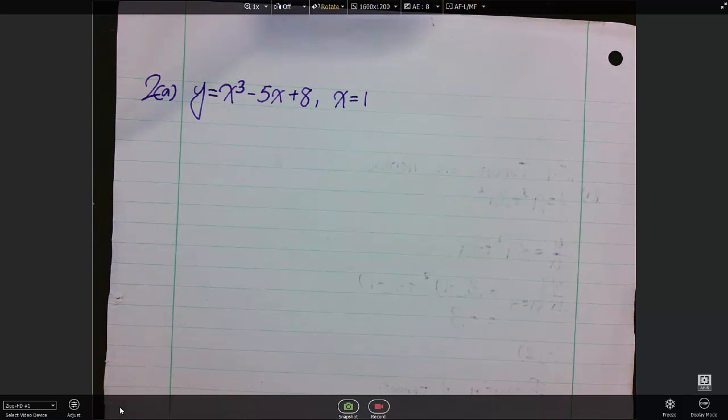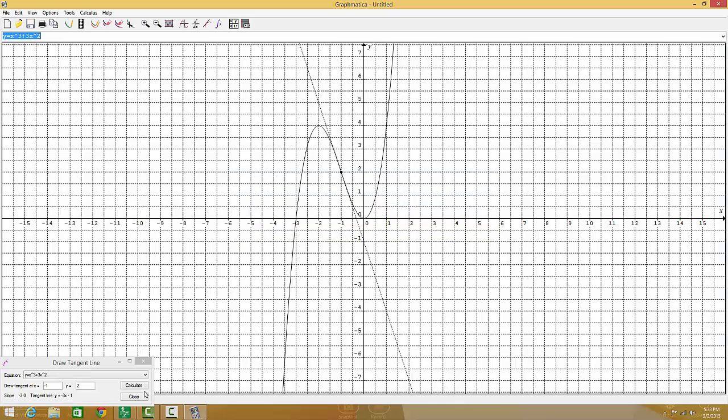First and foremost, be very careful in this case. If you read the question carefully, what they actually want you to find is the equation of the normal. Let's go back to Graphmatica now. So I clear screen first. Then I key in the equation y equals x cubed minus 5x plus 8.